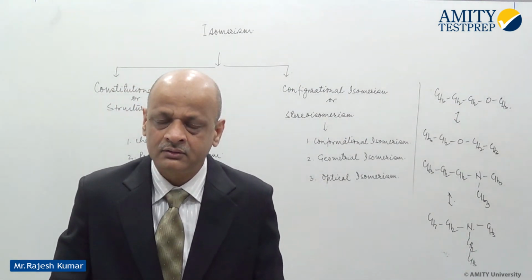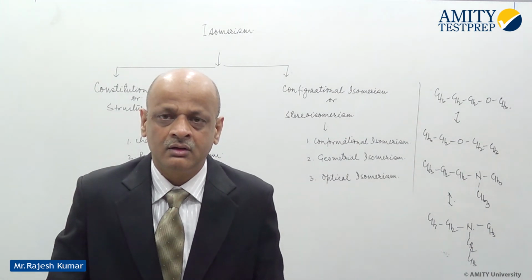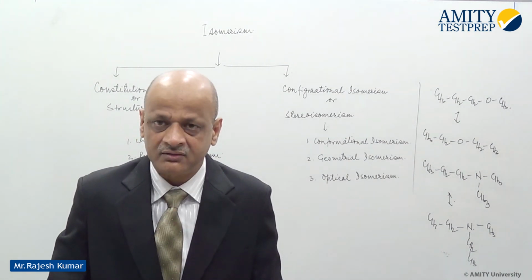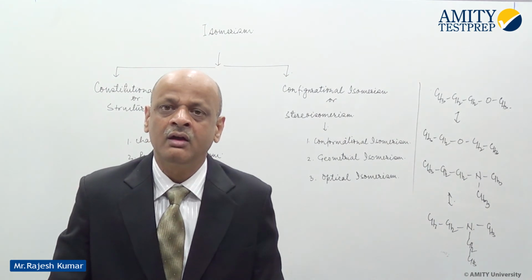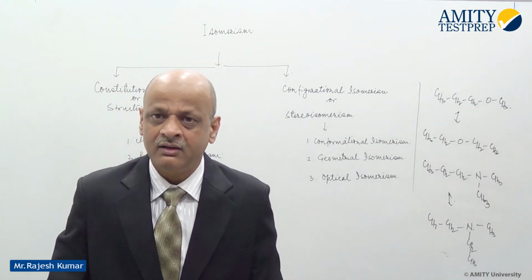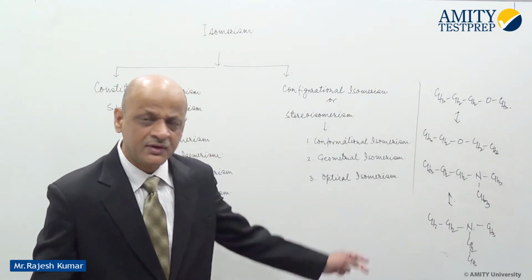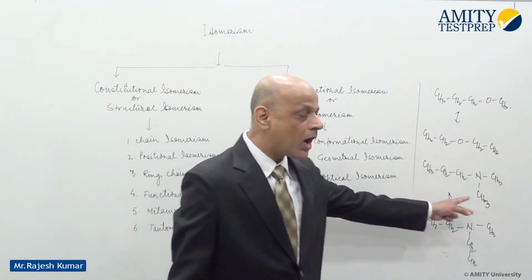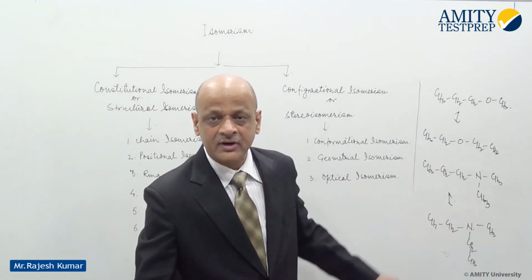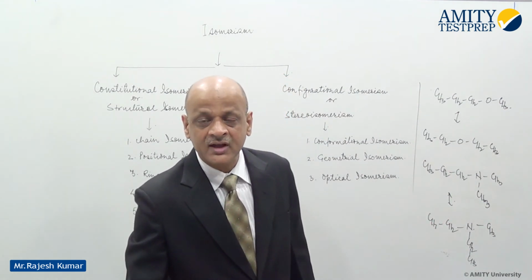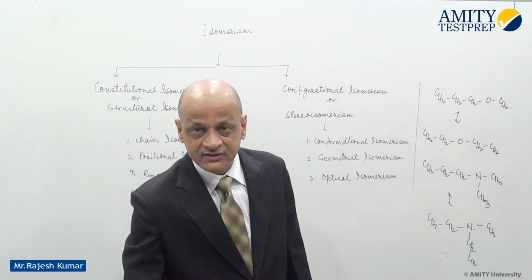N,N-diethyl methenamine, or better to say N-methyl N-ethyl ethanamine. In this case, at least two R are different, two alkyl groups are different. This is called metamers, and this phenomenon is called metamerism.